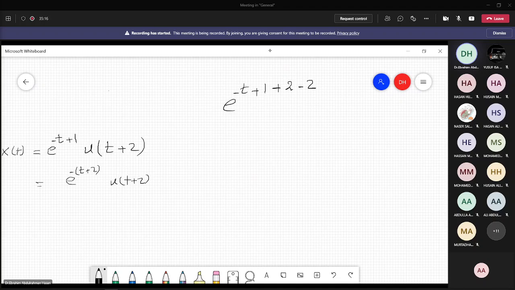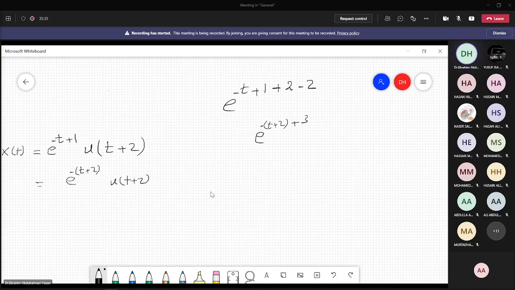So I can write this one as e to the power of minus t plus 2. Then left here is plus 3. So 3 minus 2 is equal to plus 1.